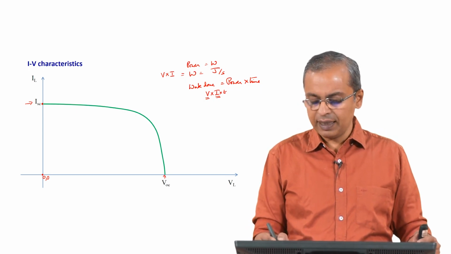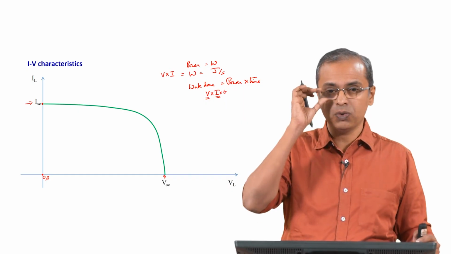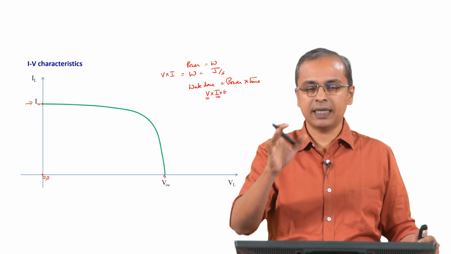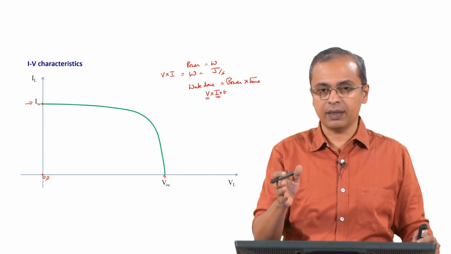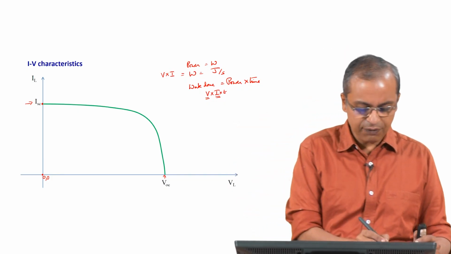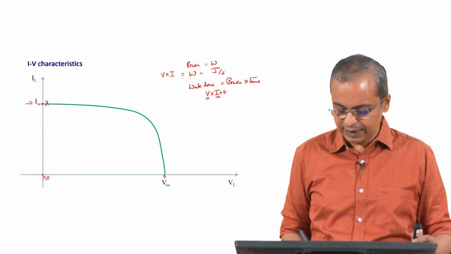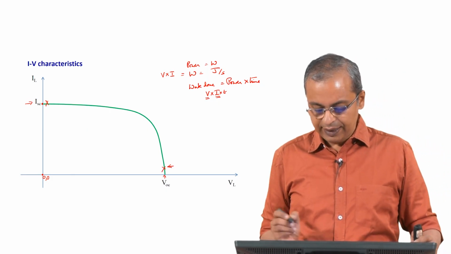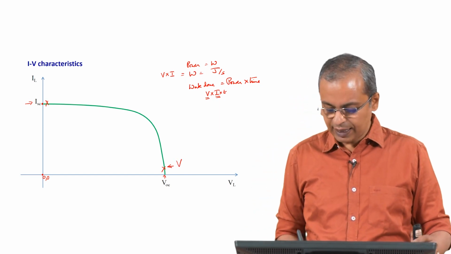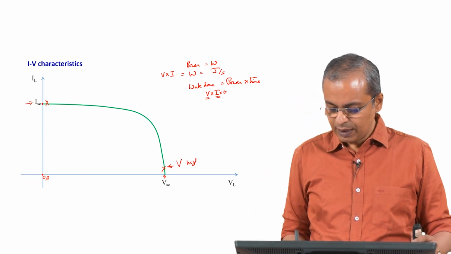Given that the power source has a variation in voltage-current characteristic, you can select different operating points on that system. Even here, I can select this as an operating point. If I select this point, the voltage is high, so V is high, I is low.